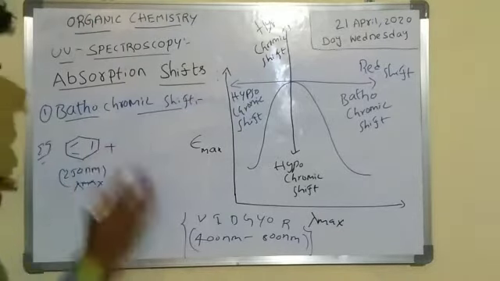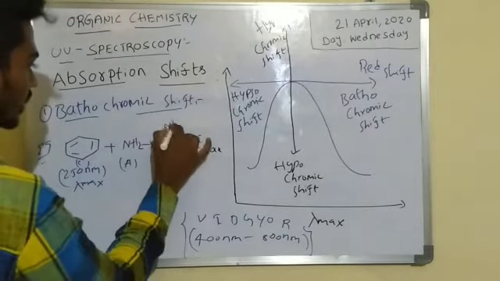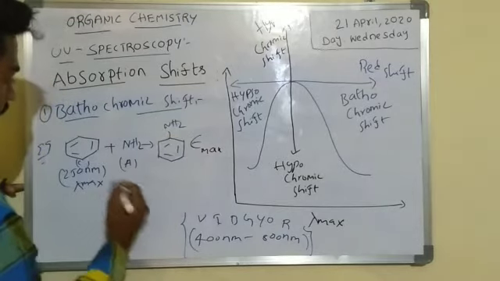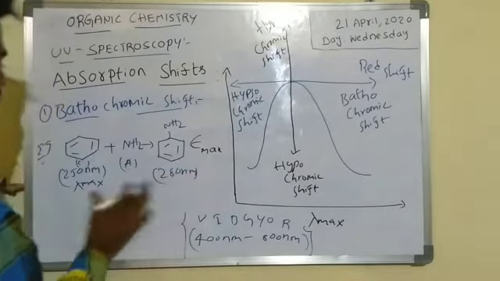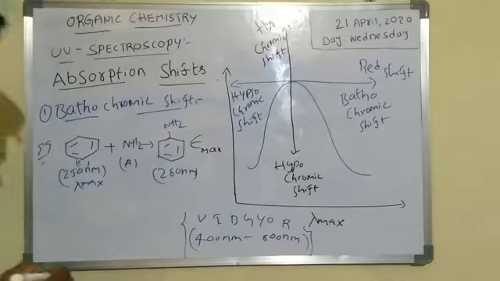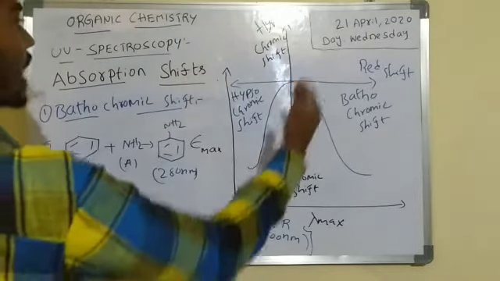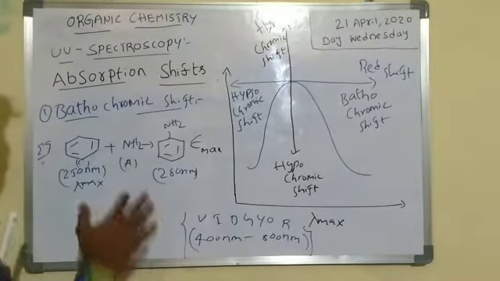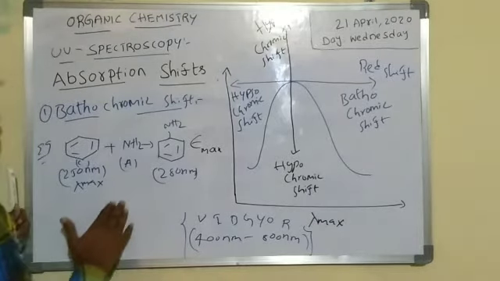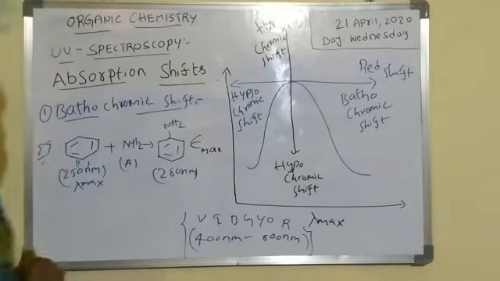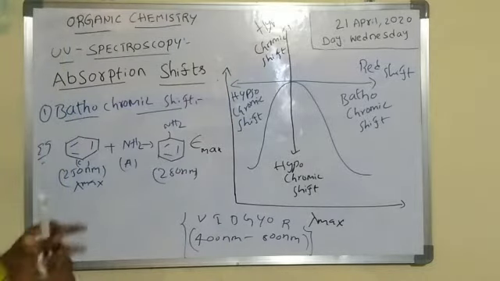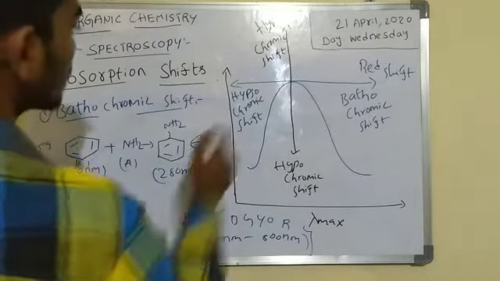When benzene, the chromophore, is treated with the auxochrome to form aniline, the wavelength increases to 280 nanometers. This is the bathochromic shift. Increasing the maximum wavelength in the presence of an auxochrome is called bathochromic shift. Okay, understand? Now the second one, that is hypsochromic shift.